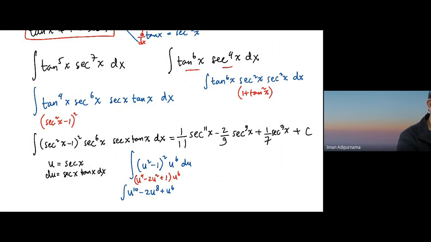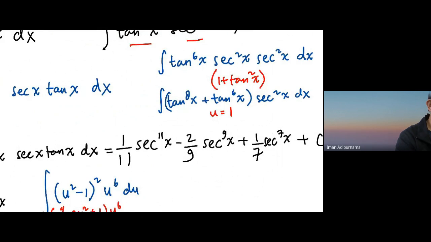So we will have tangent 8x plus tangent 6x, and then multiply with the secant squared x, and we can use u is tangent x, and du will be secant squared x dx. And I believe you can solve this by yourself, right? Clearly, this will be u with power of 8, plus u with power of 6, and the last secant squared will be cancelled, and you can integrate easily.